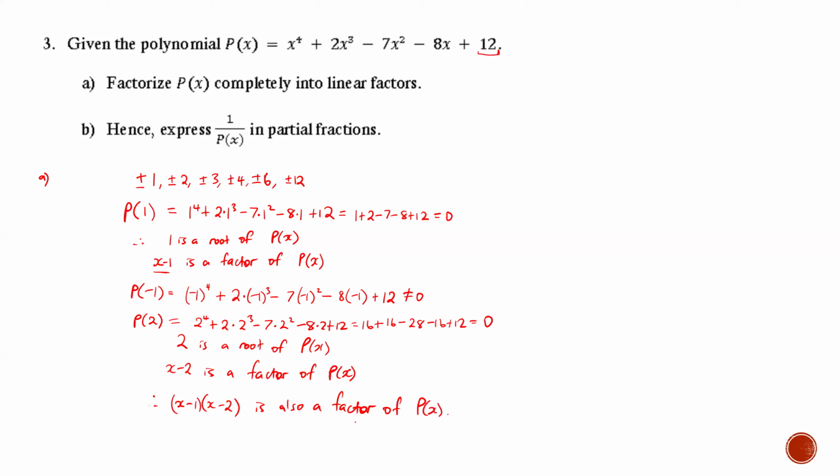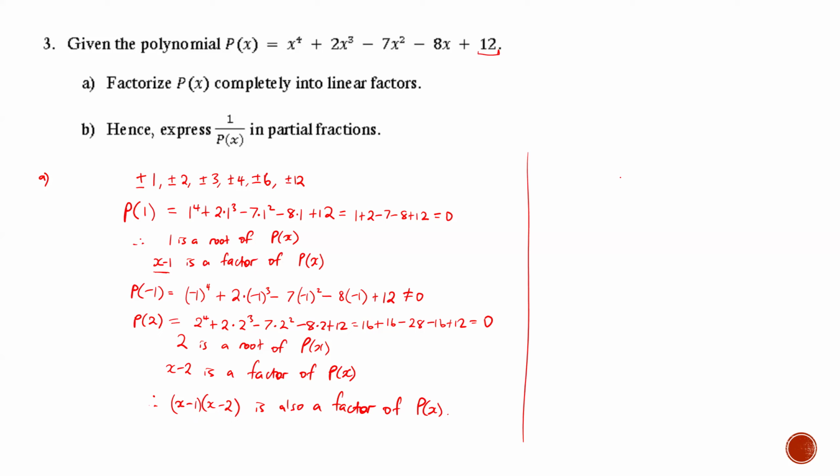It's not necessarily how it works for numbers, but for polynomials, if x minus 1 and x minus 2 are both factors of p of x, then their product will also be a factor of p of x. So when we divide p of x by this, we should not get a remainder. And that's exactly what we're going to do.